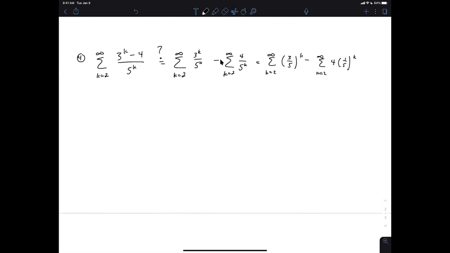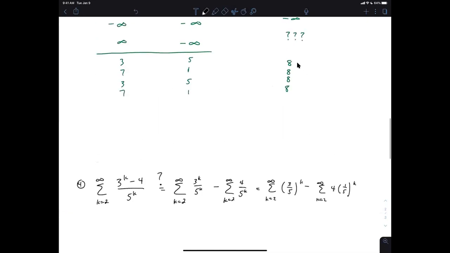So if these both converge, is that the same as the total? Yeah. So this is allowed because we know both of these converge. If they both diverged, then we might not be allowed to do it. If one converged and one diverged, then that's okay because then the whole thing diverges. Does that make sense to everybody?